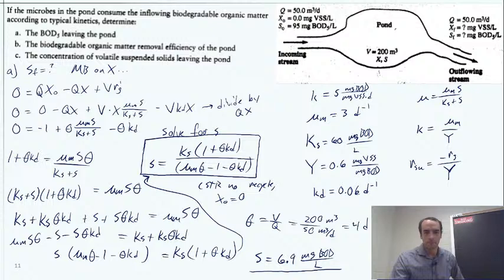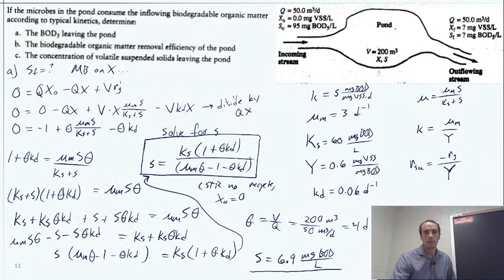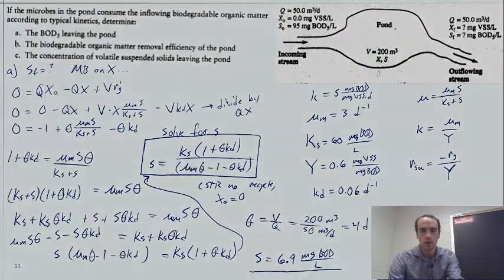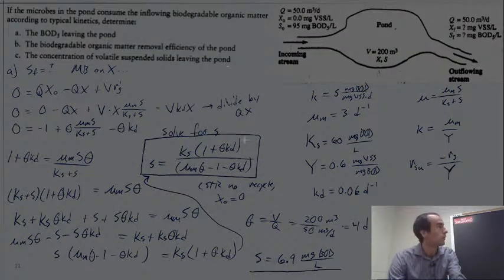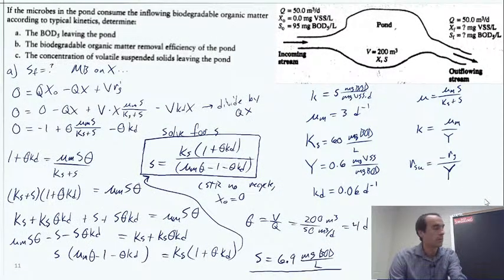Good. Sorry about that. Okay, so part C, this time we're going to approach it as a mass balance. Since we did a mass balance on X already, this time we're going to do mass balance on S. And essentially we're going to use the same bunch of parameters that we had here. I'm just going to screenshot that for us and add it in.